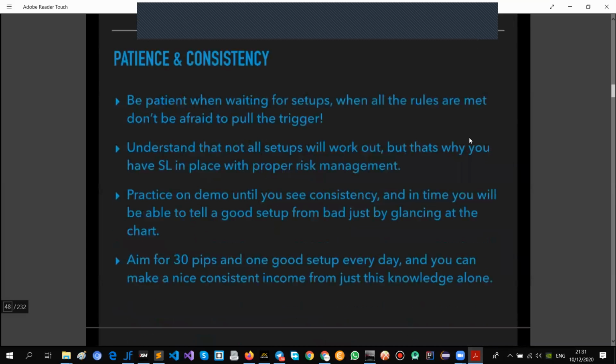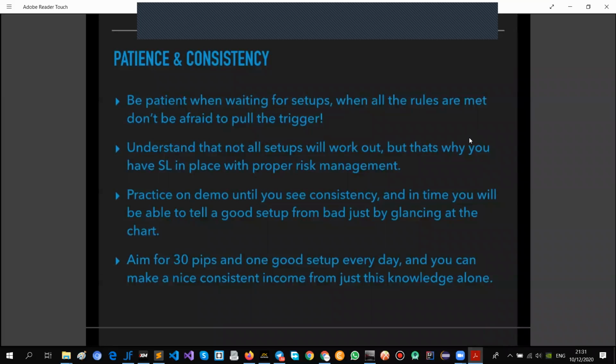Patience and consistency. I talked about this yesterday, and I'm going to talk about it now. Patience is the main difference between profitable traders and losing traders. If you want to move from being a losing trader into a profitable trader and raise your winning percentage, you need to be patient. I'm sure you have heard this and you are hearing it again here.